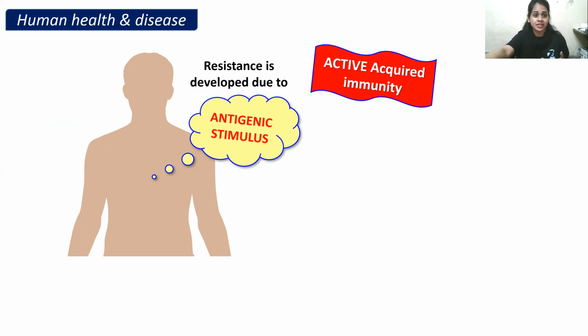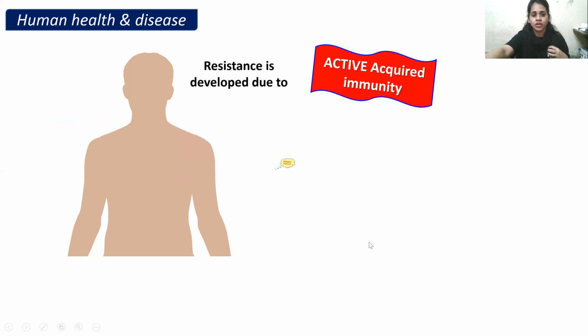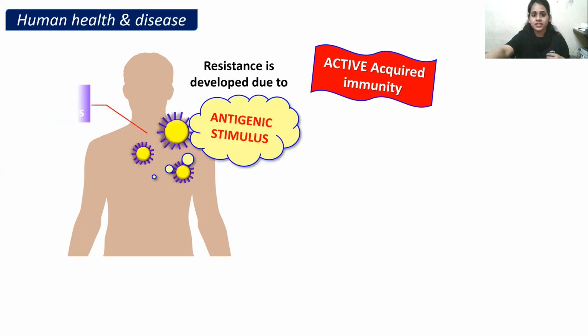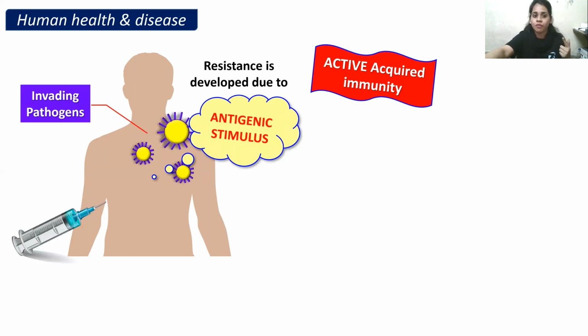See, in active acquired immunity, can you see the pathogen is going inside the body? This pathogen can go in naturally or in the form of vaccination, in the form of vaccines. So what are vaccines? Vaccines are nothing but weak pathogens, dead or live, weak, attenuated pathogens.